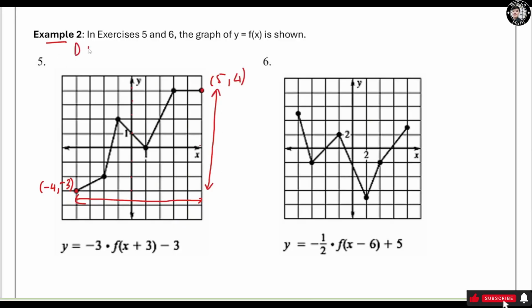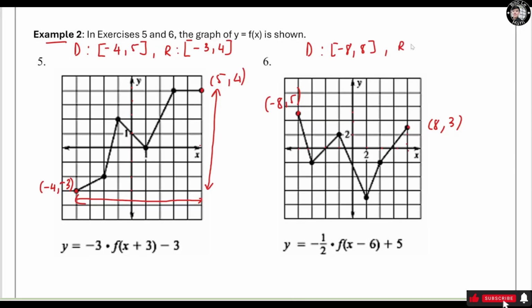So the domain is going to be [-4, 5], and the range is going to be [-3, 4]. For this one right here, the domain should be [-8, 8], and the range should be [-7, 5].